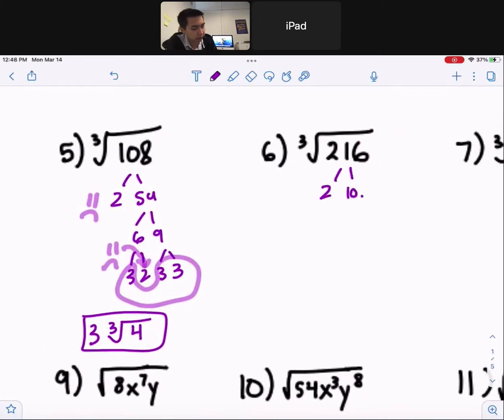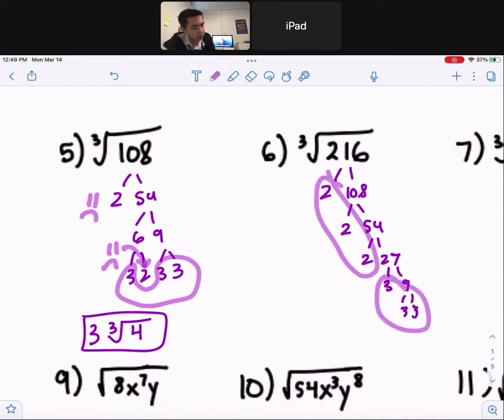Next, 6. 2 times 108, break this down. It's a cube root, so we're trying to find groups of 3. 2 times 27, 3 times 9, 3 times 3. We found a group of 3 twos and another group of 3, so no leftovers, so no more cube root. 3 times 2 is just 6.